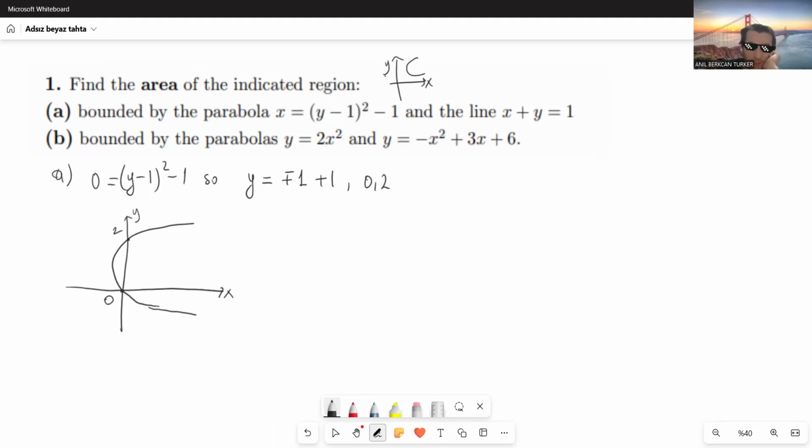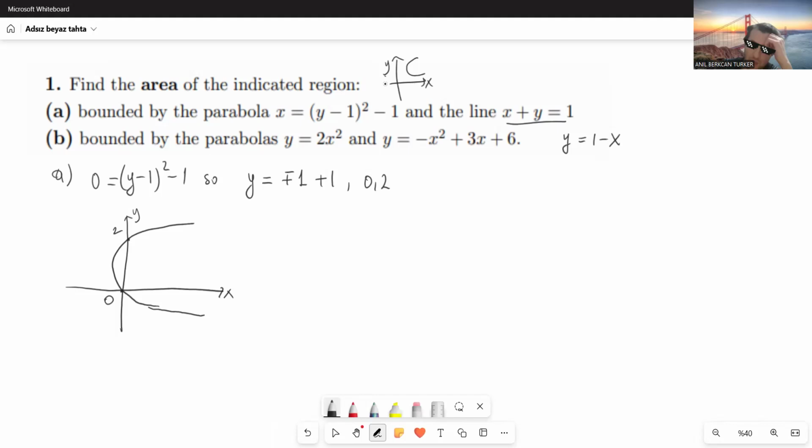Okay. What about this curve? This is y equals 1 minus x. Just consider minus x first. It's like a line with negative slope. And you just shift one unit up. We can also find this y-axis intercept.